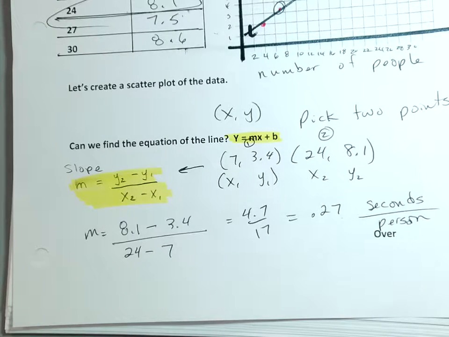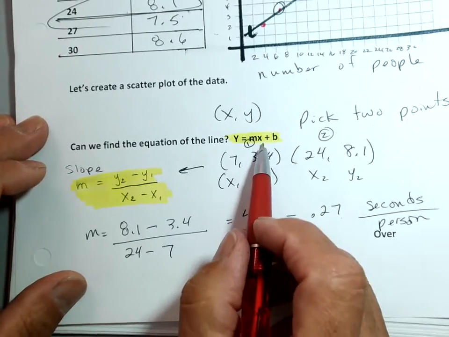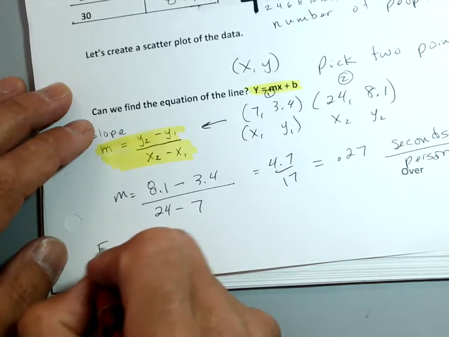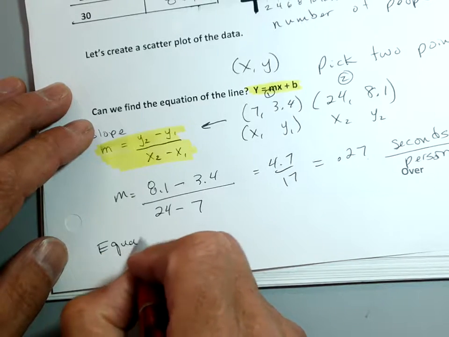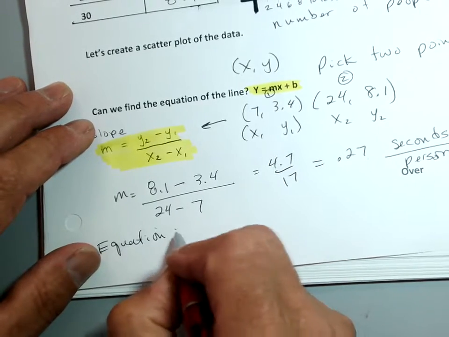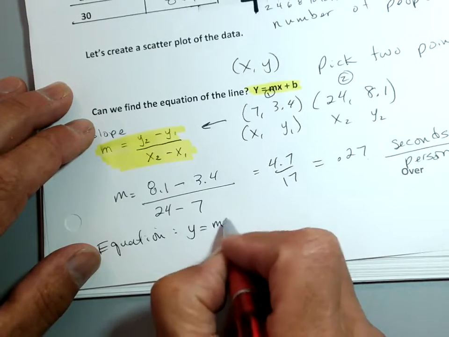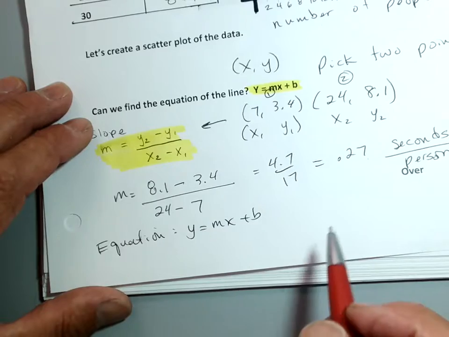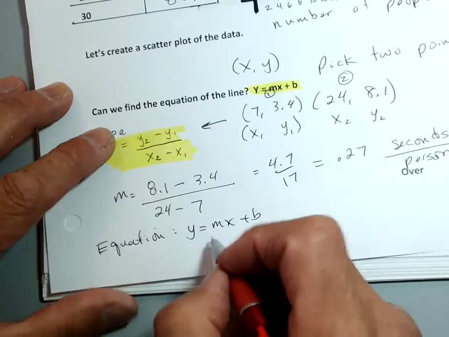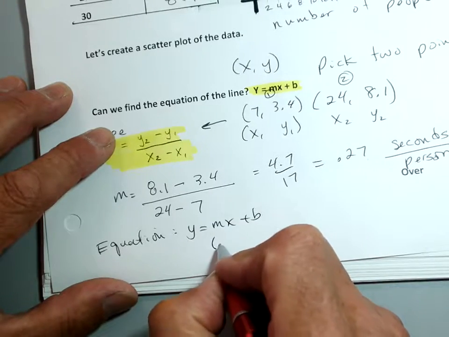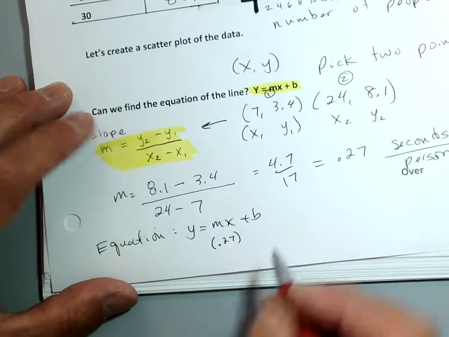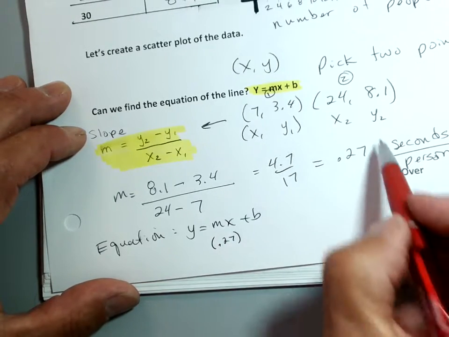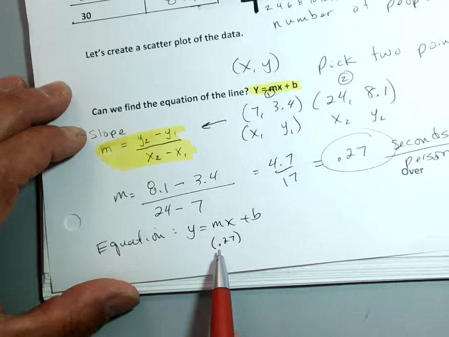So for our equation, I'm going to use my y equals mx plus b. I know my m is 0.27, so I'll put 0.27 in where the m is, because the m is the slope. I figured out my slope was 0.27, so I put that right into my equation.